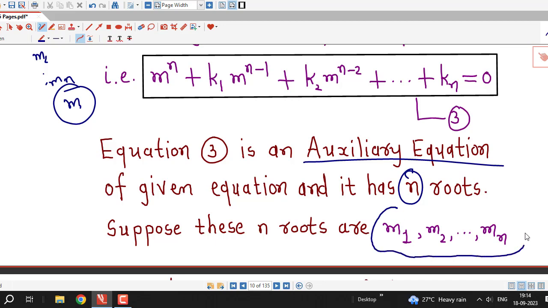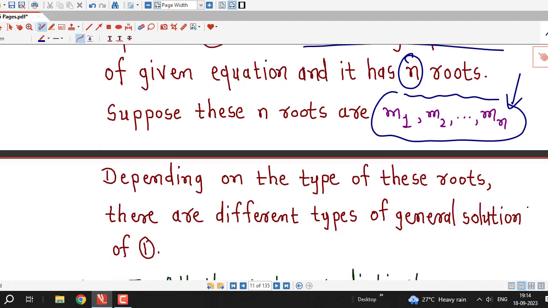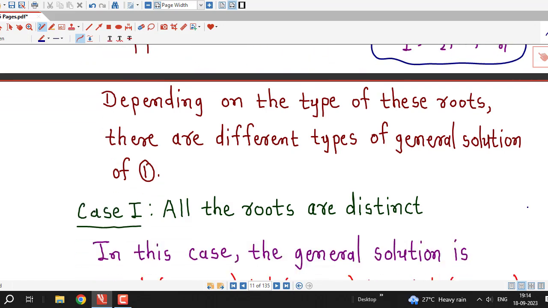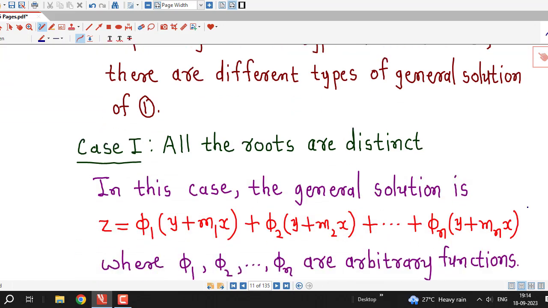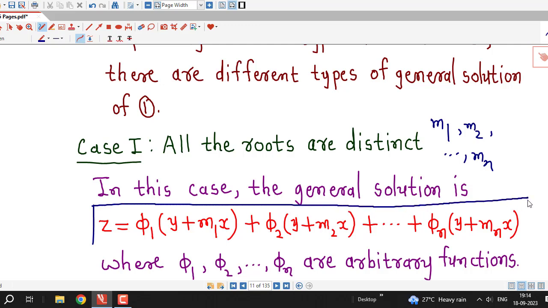Suppose these n roots are m1, m2, up to mn, and depending upon the type of these roots we have ready-made formulas for the general solutions. And here I have written two cases. The first case is that all the roots are distinct, that is m1, m2 and so on, mn are all distinct, and in this case the general solution is given by z equal to an arbitrary function of y plus m1 x, plus an arbitrary function of y plus m2 x, and so on, up to the nth arbitrary function of y plus mn x.